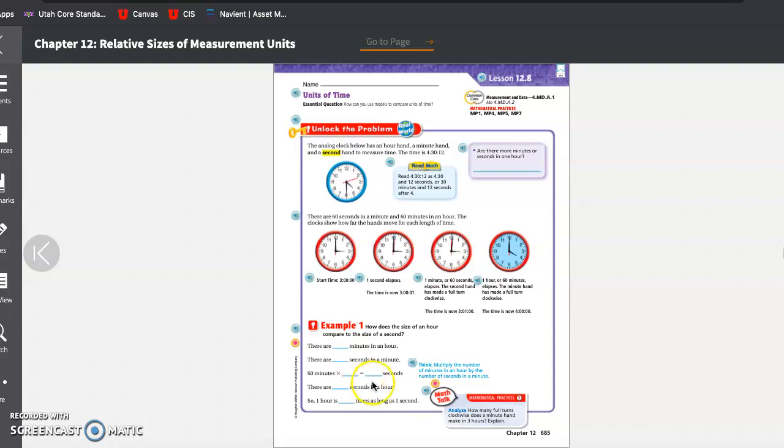That means there are 3,600 seconds in an hour. So 1 hour is how many seconds? Good. 1 hour is how many times as long as 1 second? 3,600. Okay, good. That was just our little review page.